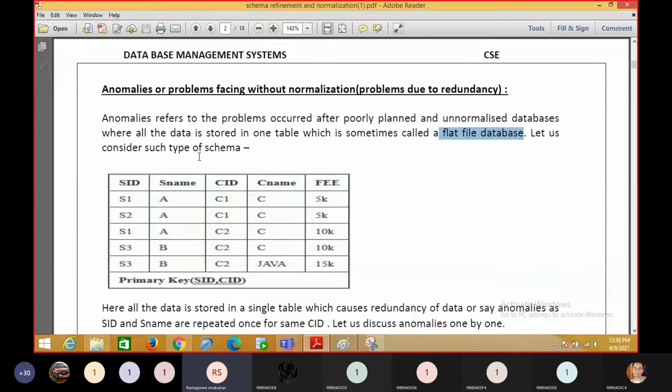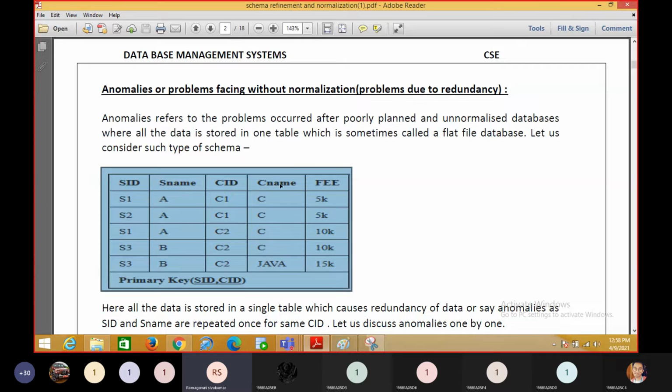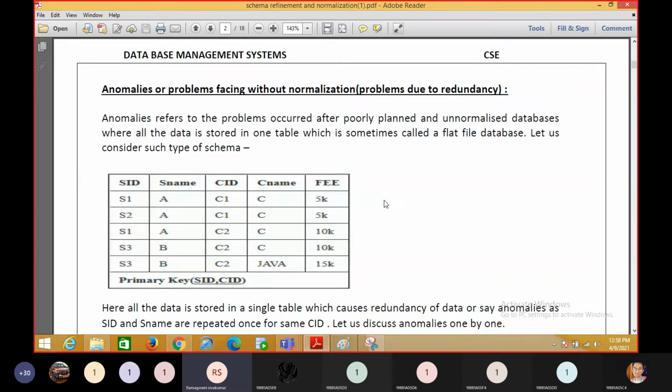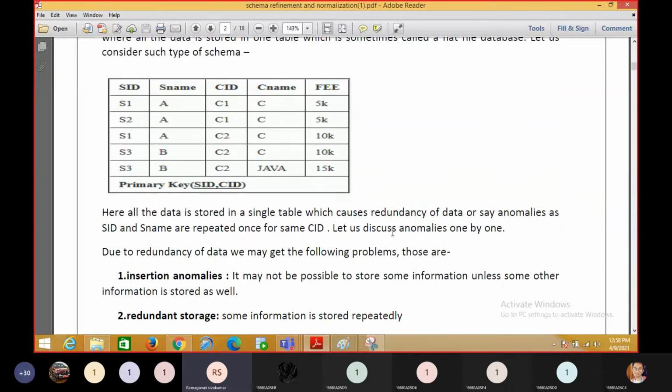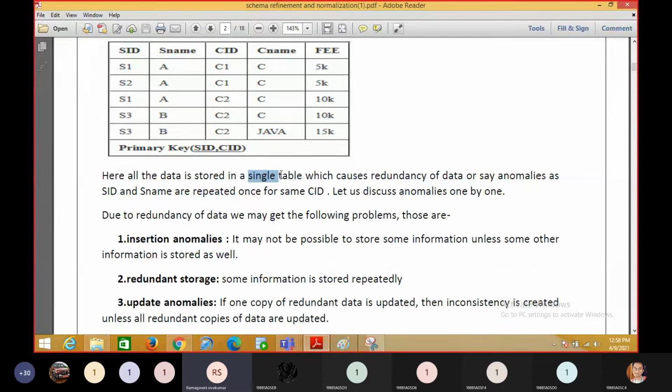Let us consider a schema. We have a student table having student ID, name, course ID, course name, and fee. Here the primary keys are student ID and course ID. All data, course data and student data, is available in a single table, which causes redundancy of data. That is the problem.